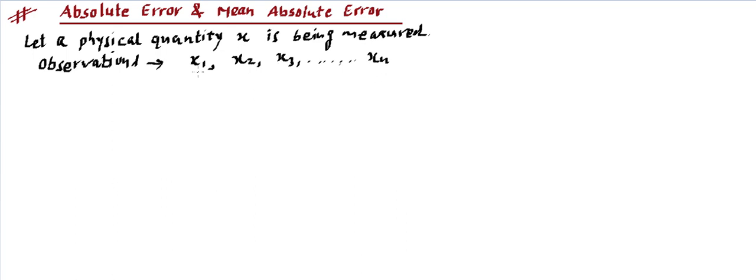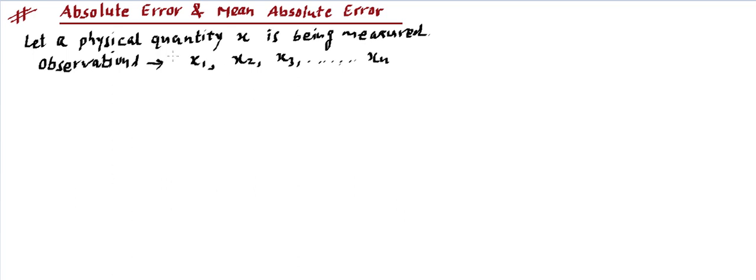So x1 is the value of that physical quantity in the first observation, x2 in the second, x3 in the third, xn in the nth observation. So we are taking n number of observations to talk about the random errors that are going to be there. So these x1, x2, x3 are the absolute values of measurement in different observations.